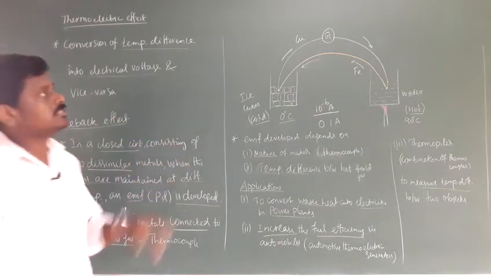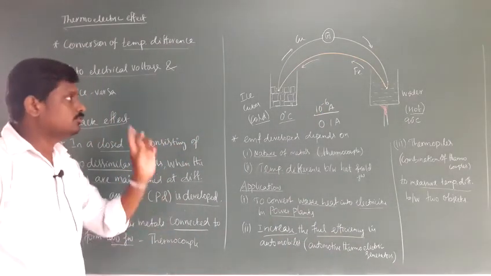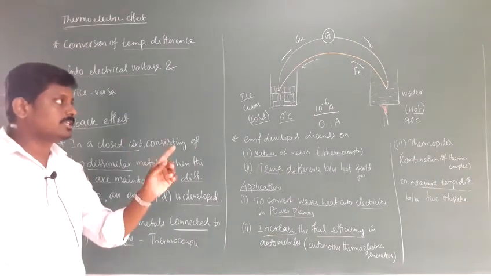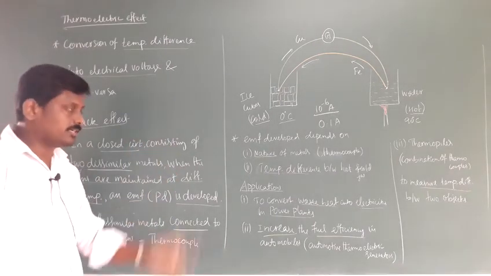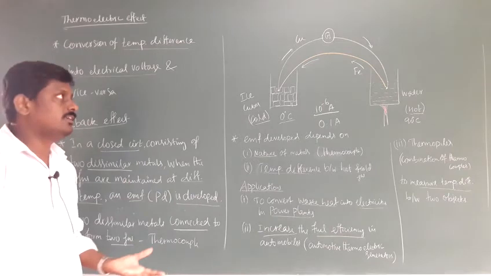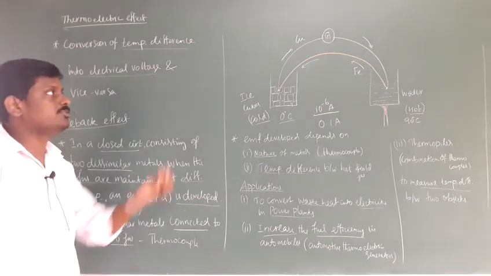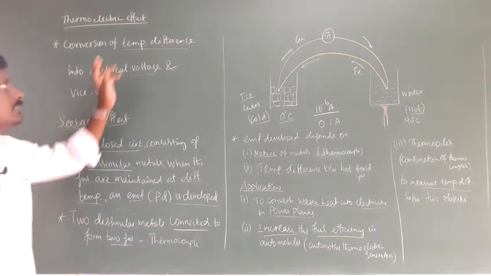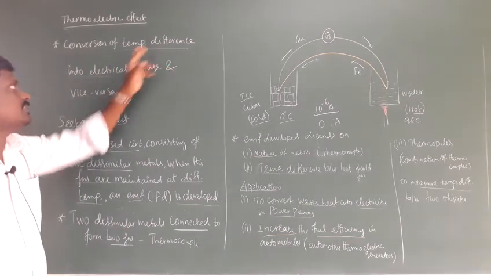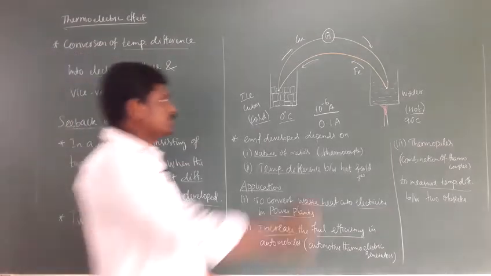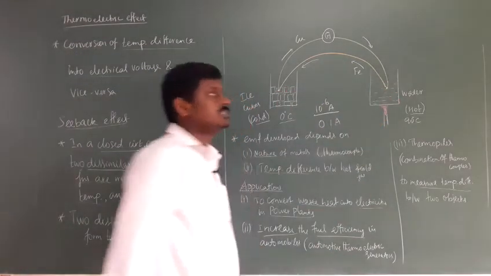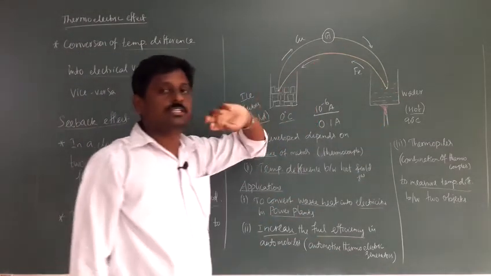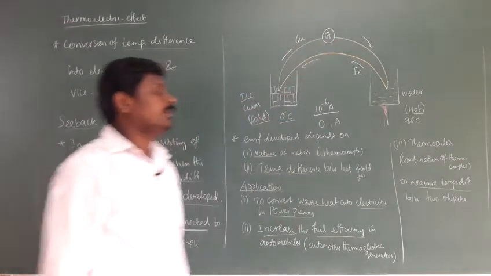Two different metals connected to form two junctions maintained at different temperatures develop an EMF, measured using the galvanometer. As I already said, the thermoelectric effect is conversion of temperature difference into electrical voltage.